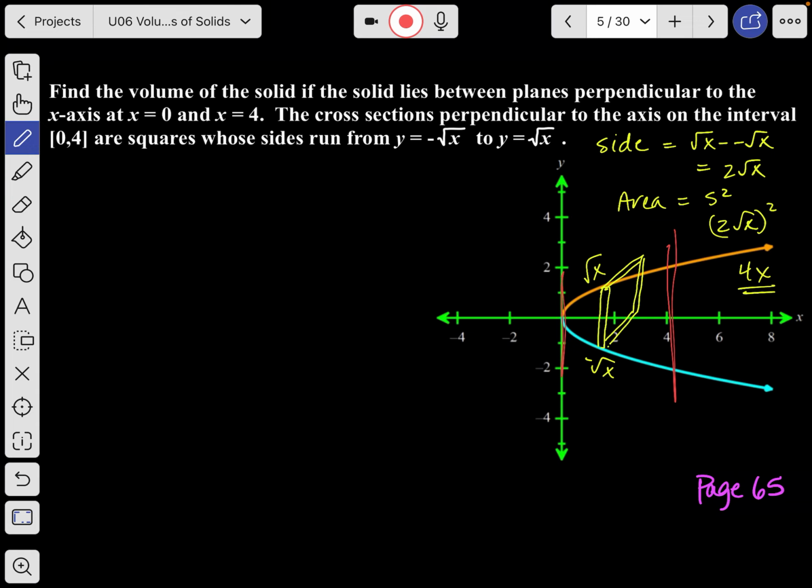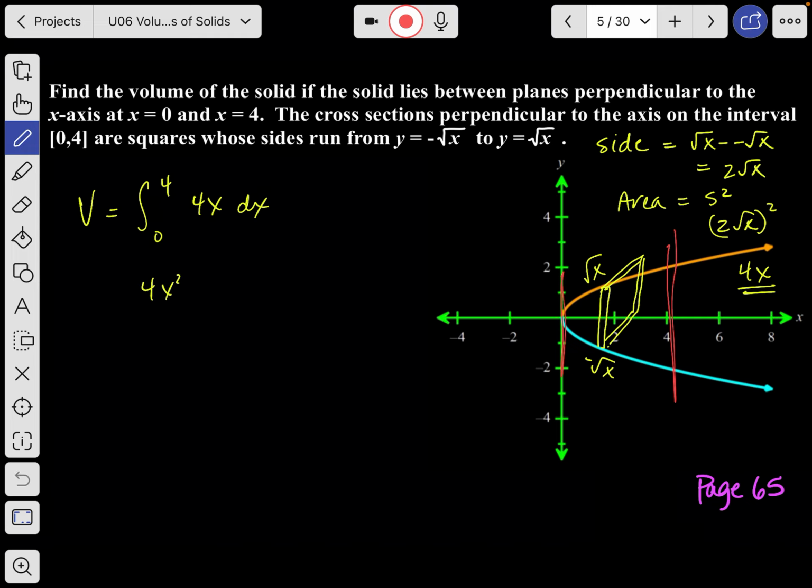Okay, so the area of one of these squares is going to be 4x. So my integral for the volume will be from 0 to 4 of our area, dx. All right, so this is pretty simple.